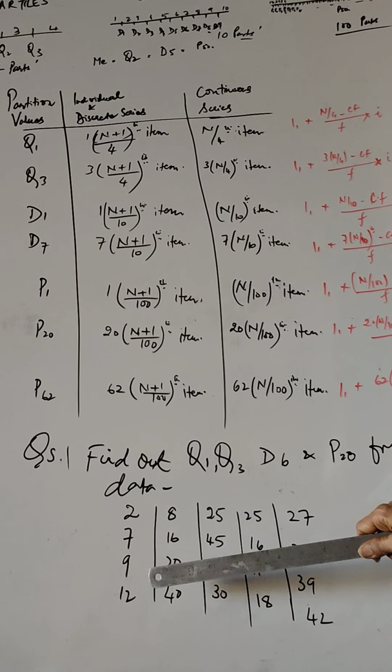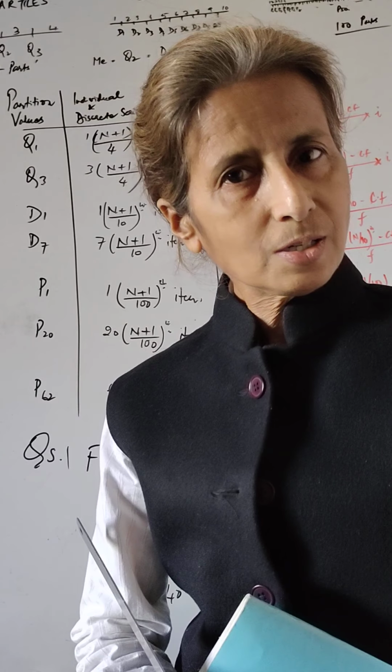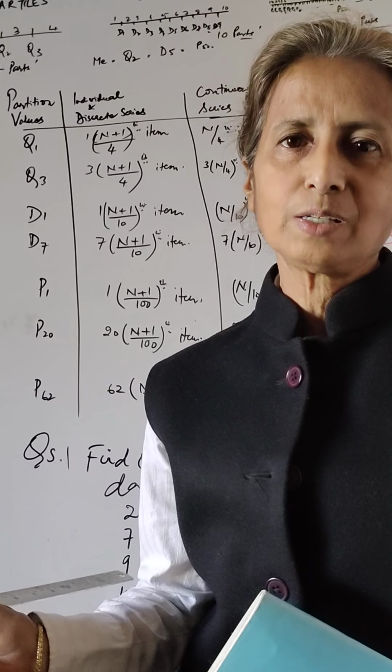How many are there? 20 of them. The first thing you will do is arrange it in ascending order. Once you arrange it, then you can find this out.